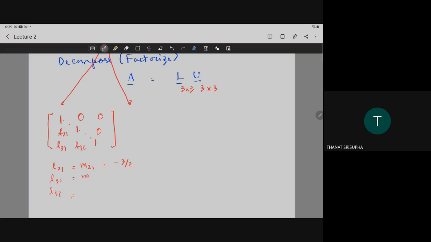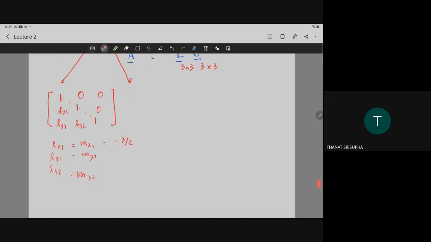So this will be M31 and M32, which is equal to 1 and then minus 1/3. So in essence, matrix L can be constructed from the coefficients from the Gaussian eliminations.